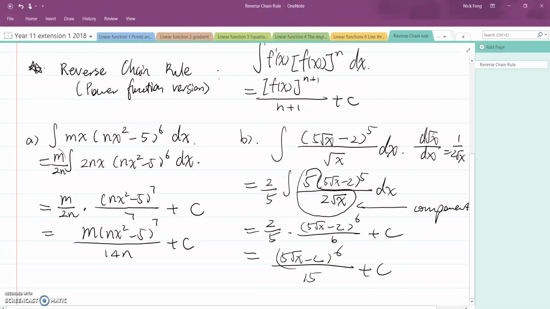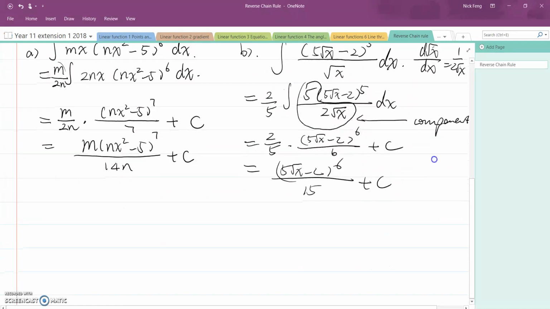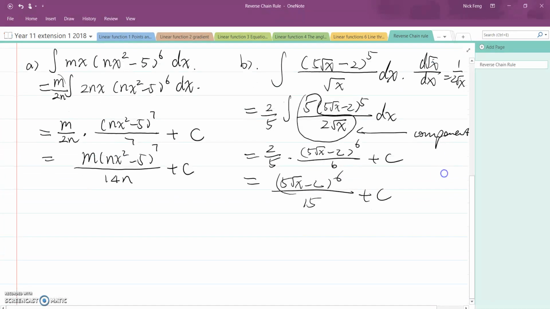Okay, remember, the square root is always a little bit challenging because it's not that easy to see the component. Sometimes with fractional indices or negative indices, it's a little bit hard to recognize. For example, if I have 1 over x, minus 5, to the power of 6 over square, dx.